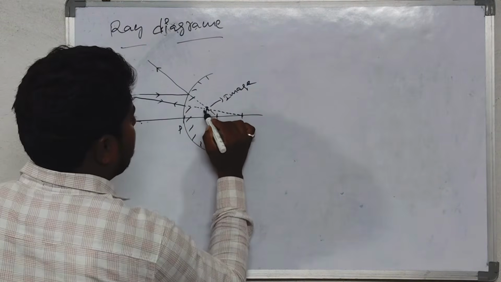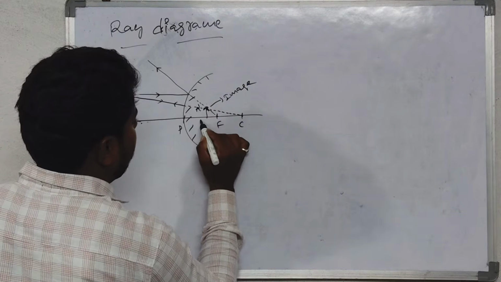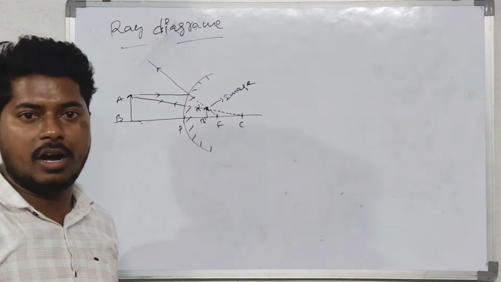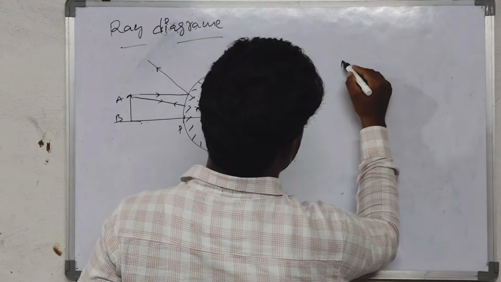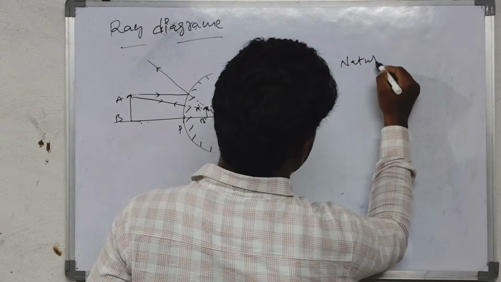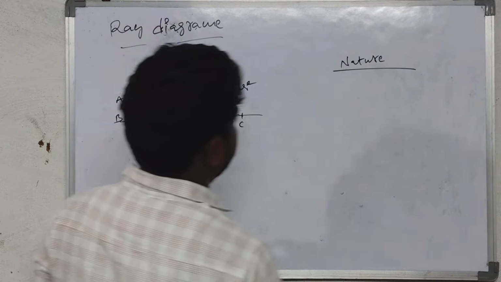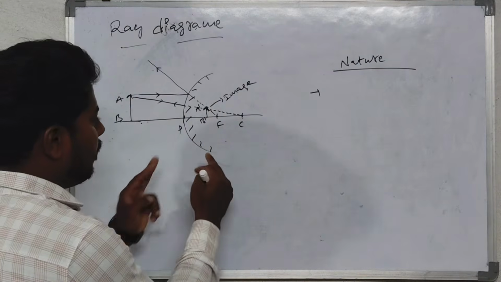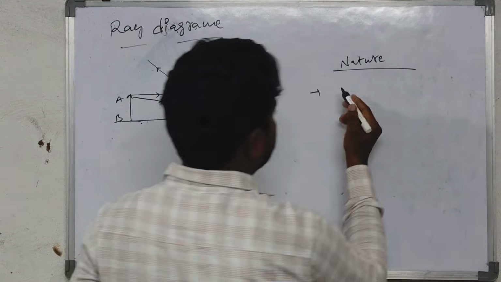So your image is A dash and B dash. Now we have to write the nature of the image. Nature: your image is formed behind the mirror in between pole and the focus.